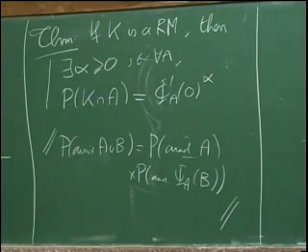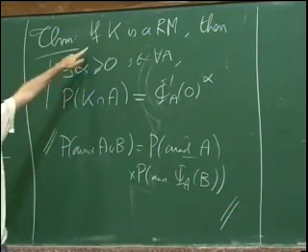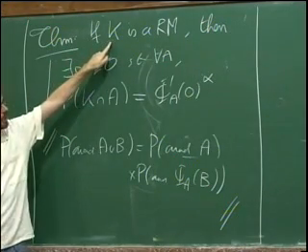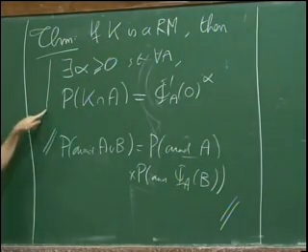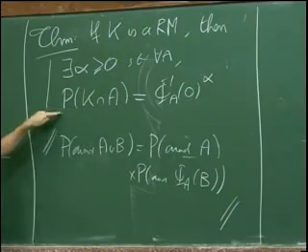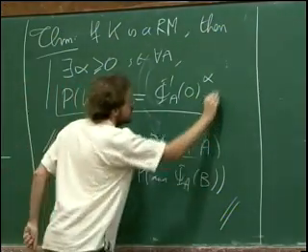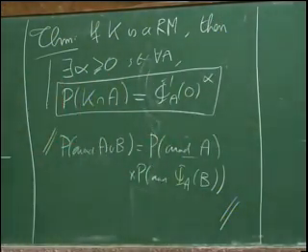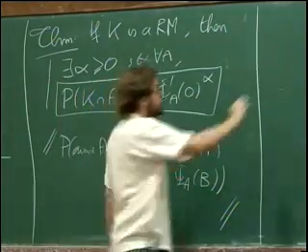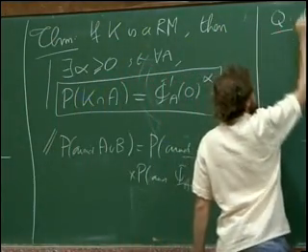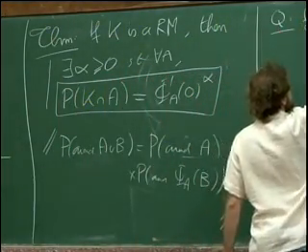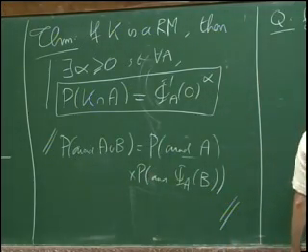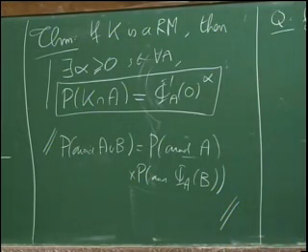So the question is, now we have this theorem. We know that if K is a restriction measure, then the avoiding probability is given by this formula. And so there is at most a one-parameter family of restriction measures. And the question is, for which alpha does this restriction measure of exponent alpha exist?